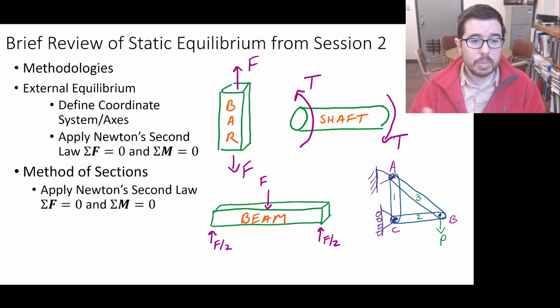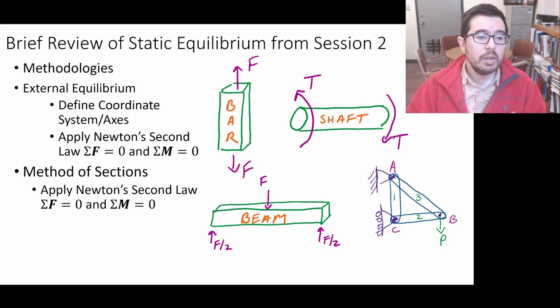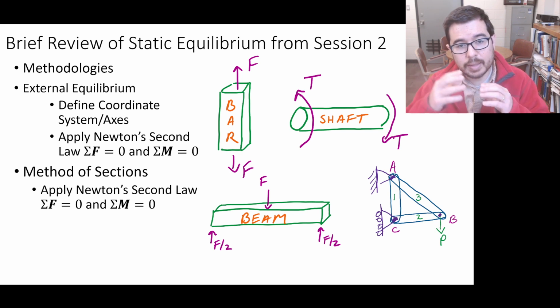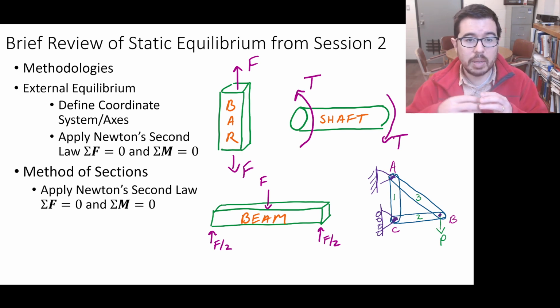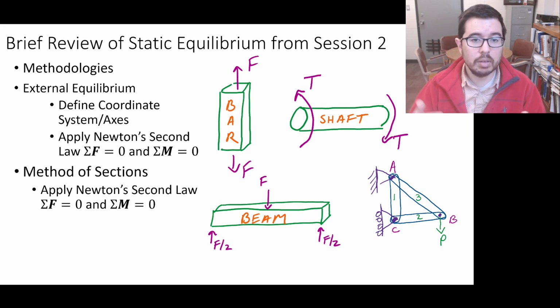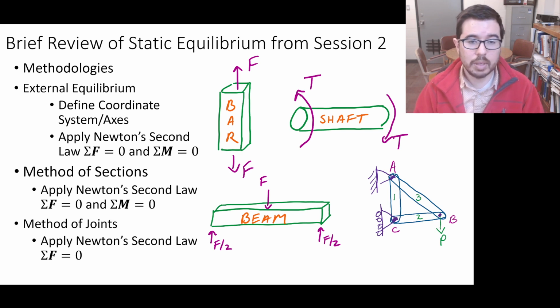Then, if it's a bar, shaft, beam, or truss, we can use method of sections, where we apply Newton's second law. We discuss the orientation of the forces that might be coming out of the surfaces where we make cuts, and how we might apply Newton's second law in terms of summing forces and summing moments. With the bars, once you do an internal cut, it's a two-force member and you don't expect there to be any summation of moments.